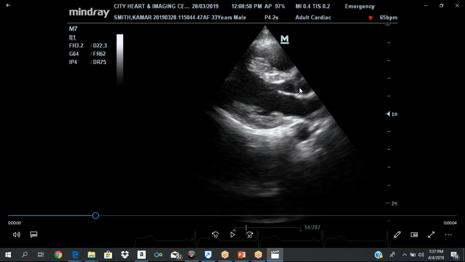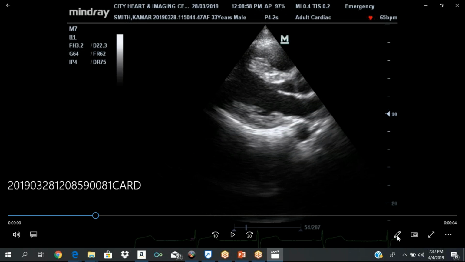Again, when we're doing our measurements, we talk about our diastolic measurements. We measure at the tip of the mitral leaflet, and we use a line which is perpendicular to the plane of the LV. That's very important.